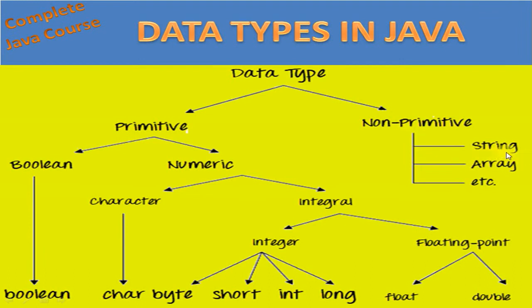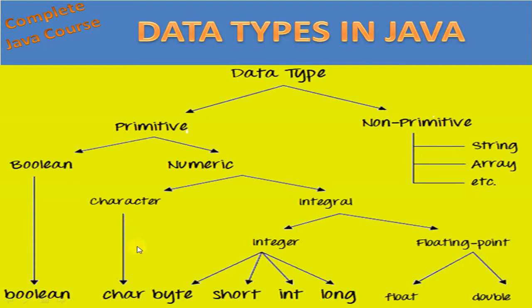In the non-primitive category, string, array, and other user-defined data types come. In the primitive category, there are two categories: one is Boolean type and the second is numeric. In the Boolean type, there is only one data type, which is boolean. The numeric data type is further divided into character and integral.